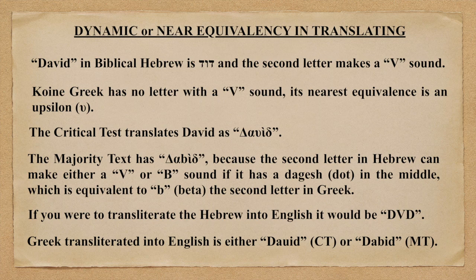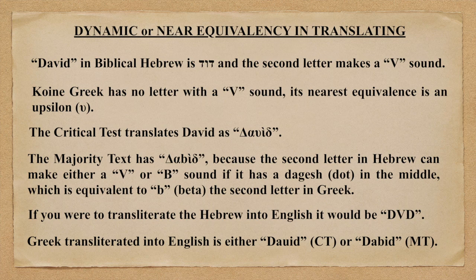David, in biblical Hebrew, written with these Hebrew letters, the second letter makes a V sound. We're going from right to left, not left to right. So the letter that's in the middle makes a V sound. But Koine Greek, that's the Greek of the New Testament, has no letter with a V sound. So its nearest equivalency is the upsilon, which looks like a U in English.